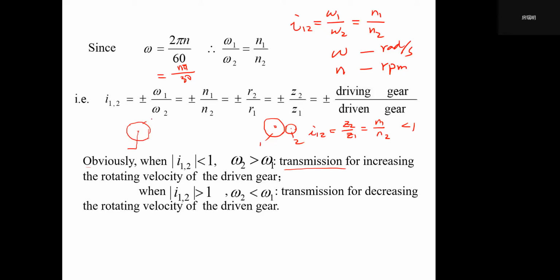When this big one rotates, it has a link to a smaller one, right, on our bicycle wheel. So if we let this bigger one rotate one round, then the smaller one will have many rounds. So that means increasing the rotation, right? But when i12 is greater than 1, it is a transmission for decreasing the rotating velocity.